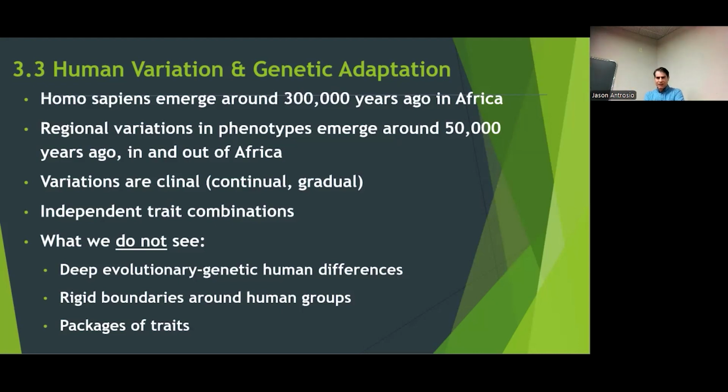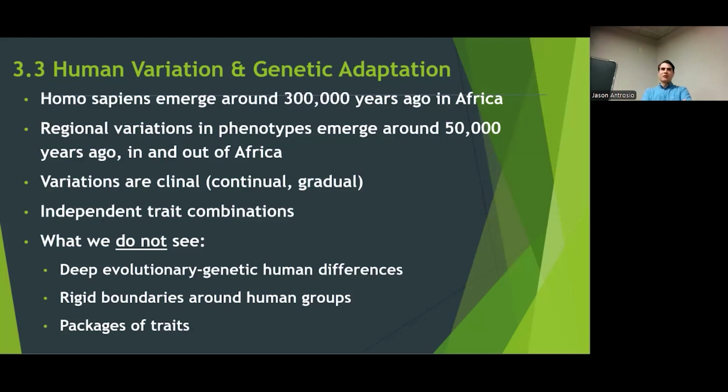Now, I have a couple questions for you, which hopefully will help you on the next exam. First of all, I will be going on and on about how, for example, with lactose tolerance, you have people with dark skin that can be lactose tolerant, and people with light skin that can be lactose tolerant, and some people with dark skin that are and aren't, and the malaria resistance and all these things.